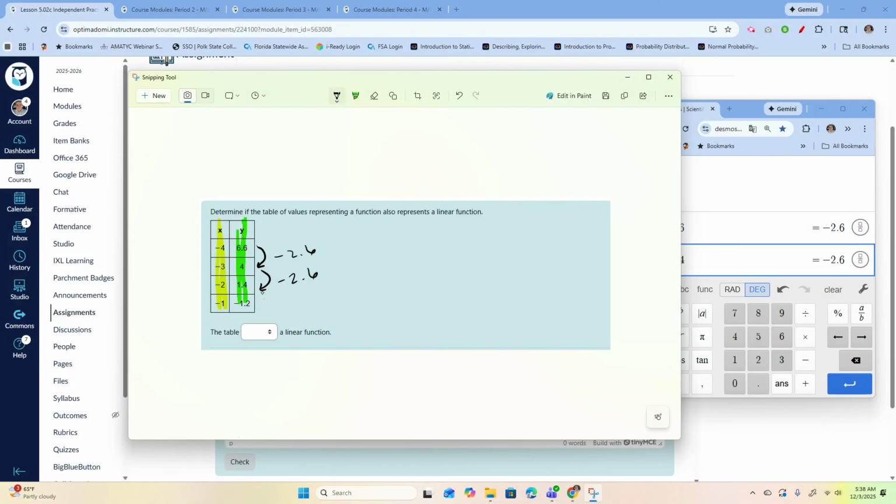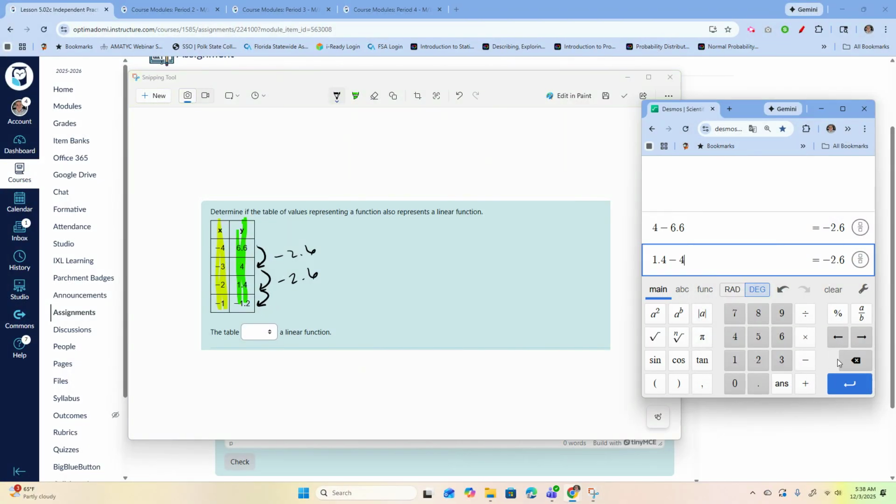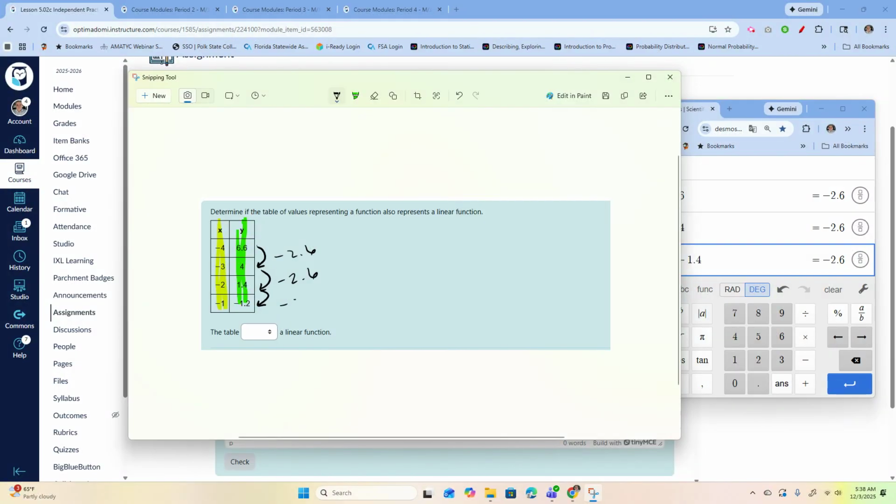Then I do the same thing with the last two rows. I take the fourth row of the y's, negative 1.2, and subtract 1.4, the row right before. And you can see I got negative 2.6.